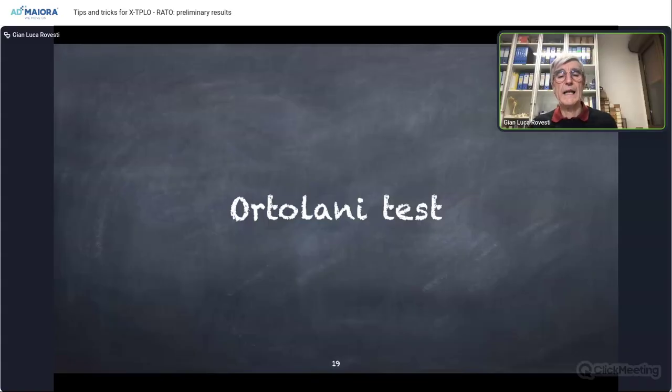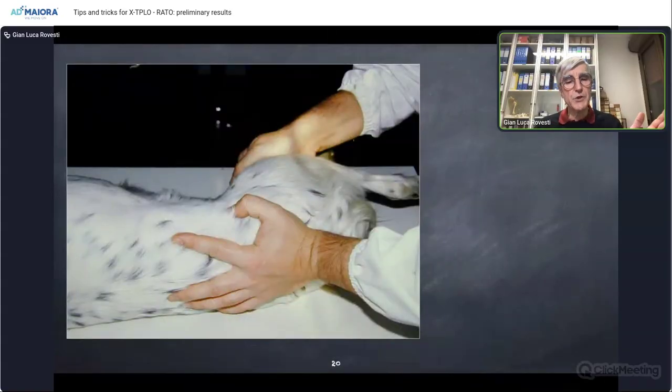Then, very important, mandatory Ortolani test. We have two positions to perform the Ortolani test. On the side, why I think that this position is important to learn? Because during the surgery, we are testing the effectiveness of the procedure with this position, not with the dorsal one.